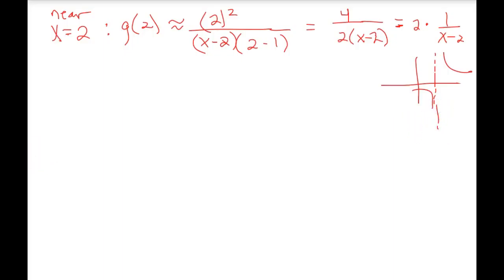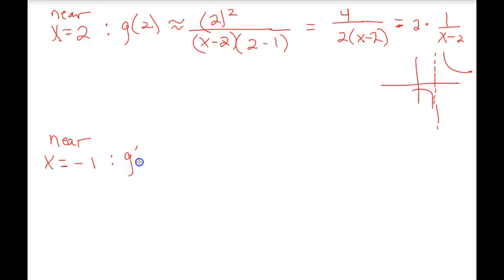Okay. So now we'll do the same thing near x equals negative 1. So we'll get near there.